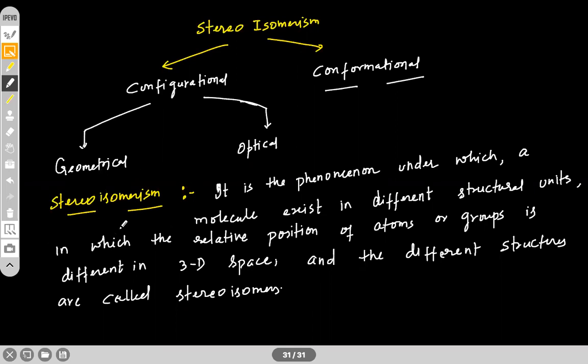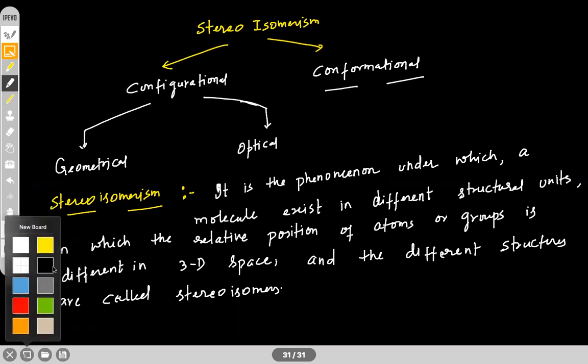Now, this stereoisomerism, like I said, has mainly three types: geometrical, optical, and conformational. So we are going to see geometrical isomerism here.